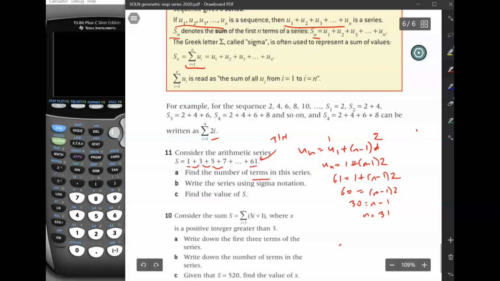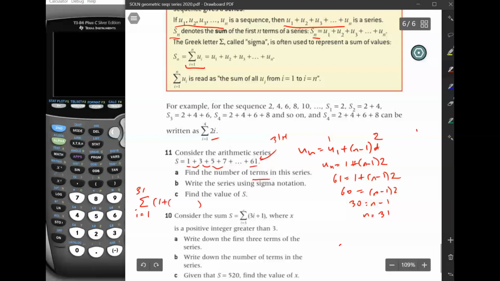Write the series using sigma notation. Okay, so remember with sigma notation, we basically have sigma i equals the first term to the last term, which is 31 in this case, and then we put the general term here, which will be 1 plus n minus 1 times 2, except instead of n, we're going to use i, so it would be 1 plus i minus 1 times 2.